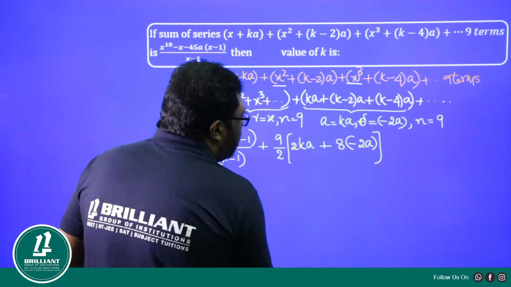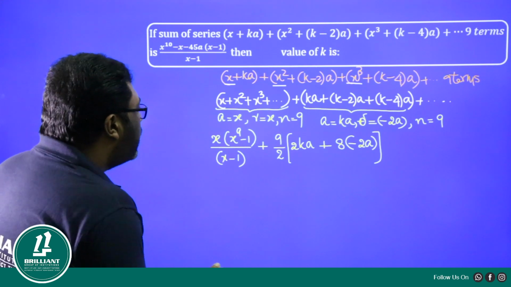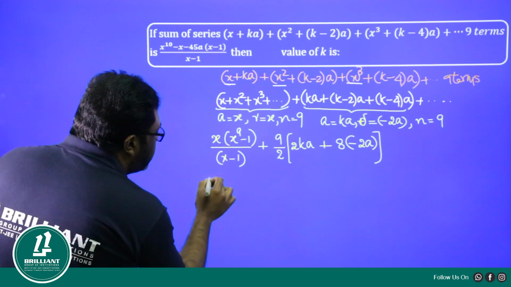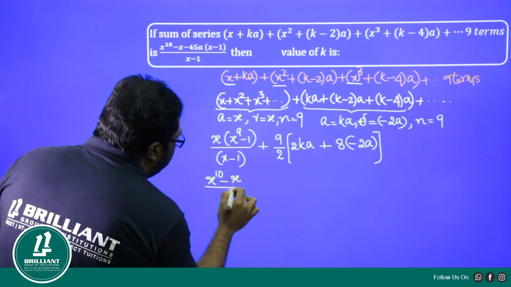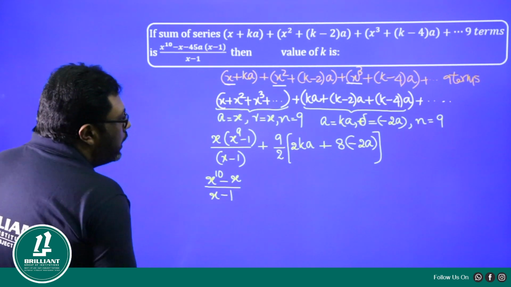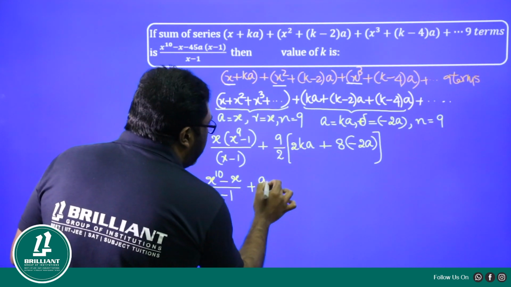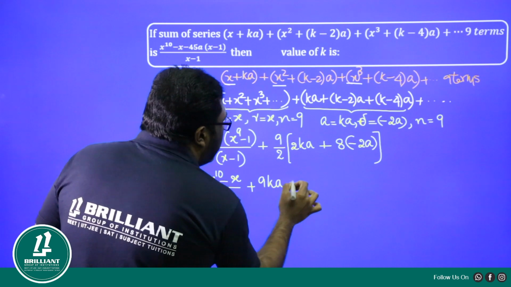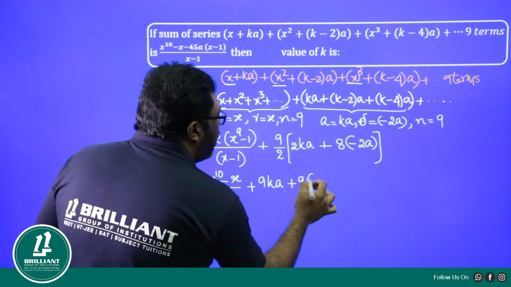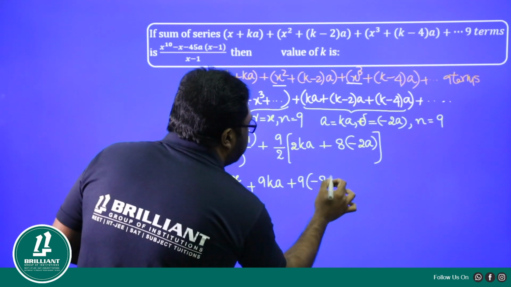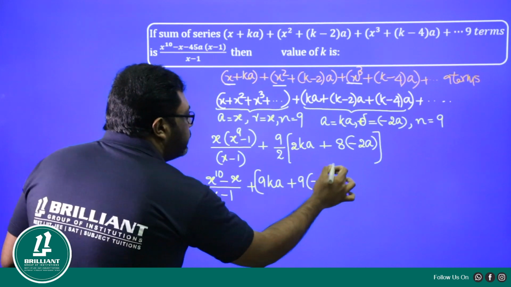Then this sum is given as the final answer. Let's analyze it later on. Now we'll just multiply this x inside. I will get x raised to 10 minus x divided by x minus 1. And when I multiply 9 by 2 inside, I will get 9ka plus 9 into minus 8a. This is my expression. Take this together.